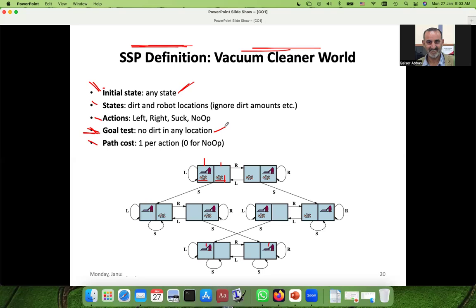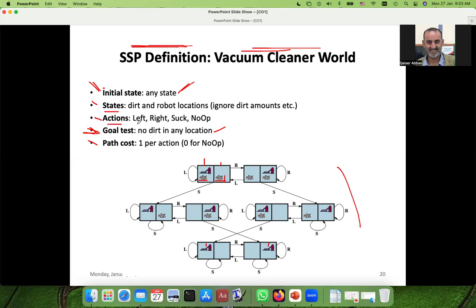Now three things remain: states, actions, and path cost. States: from one state to the next state, from next to next. When you consider the states, this diagram is possible, because now you are considering the number of states and the number of actions.